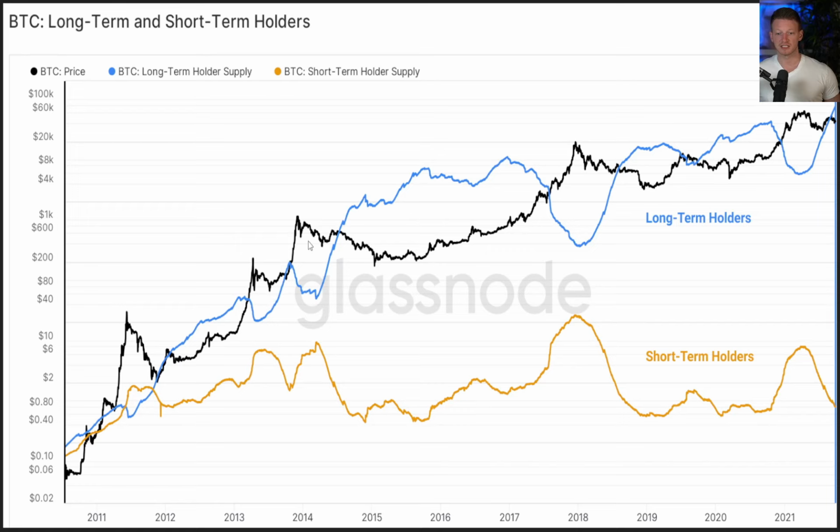What we see is that when we start hitting these market cycle peaks, there's a consistent theme that occurs. Long-term holders are known as smart money. The reason for that is long-term holders are so much more profitable, especially in cryptocurrency, than short-term holders.